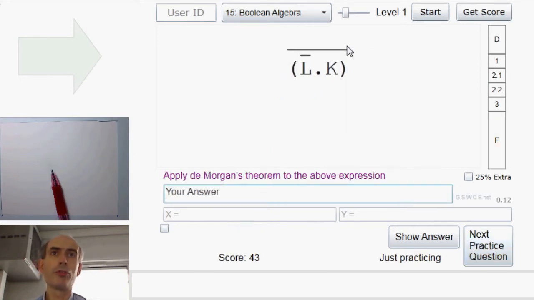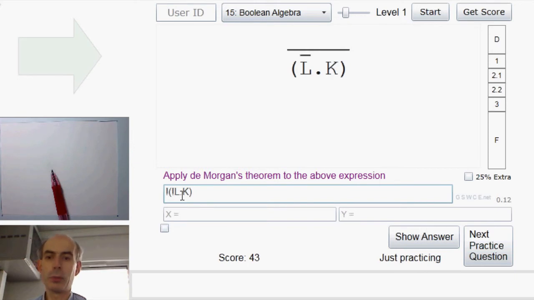And apply De Morgan's theorem to this one. Once again, I could write this out, not L and K. Then the three steps of De Morgan's theorem. Change everything to its inverse.